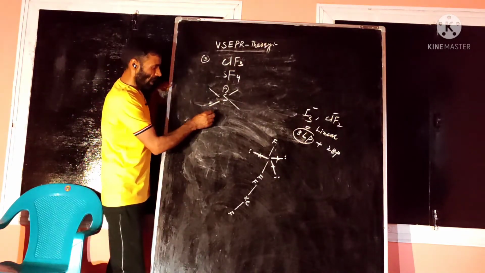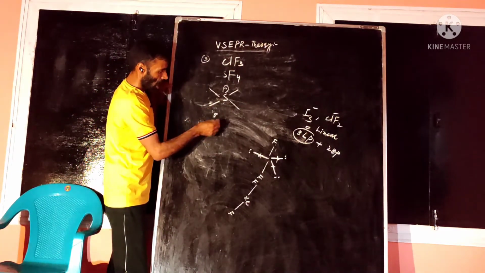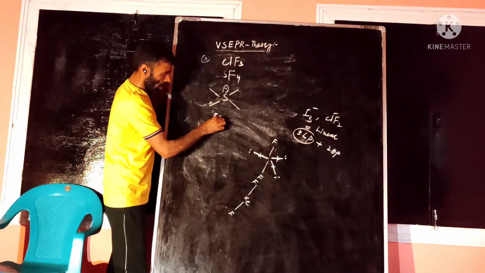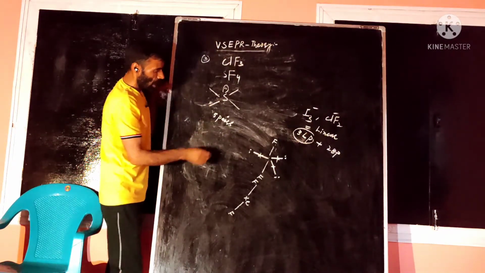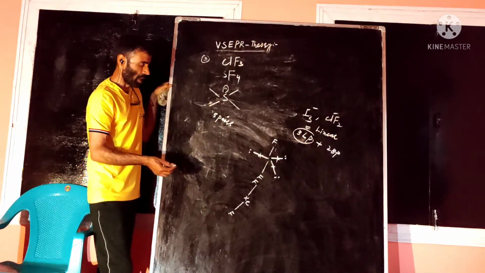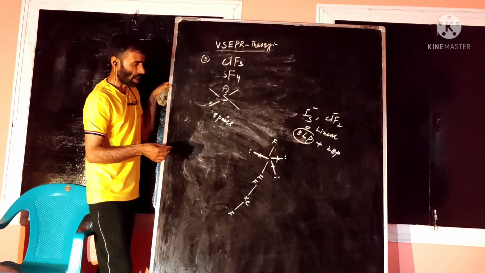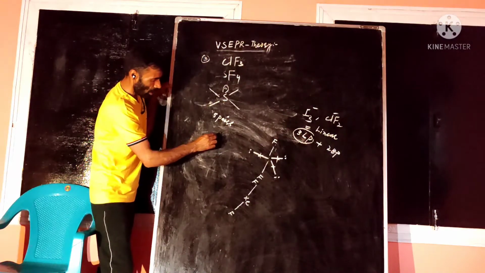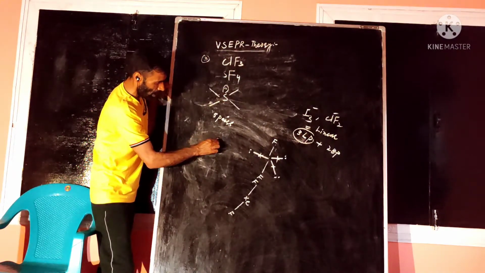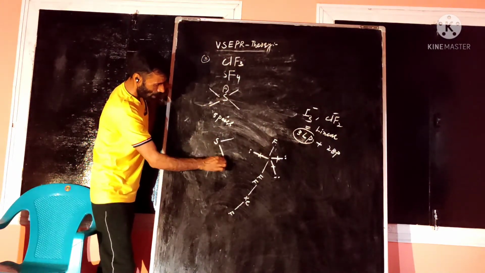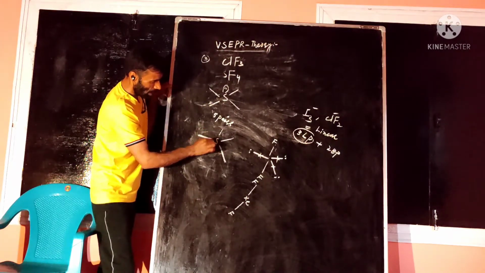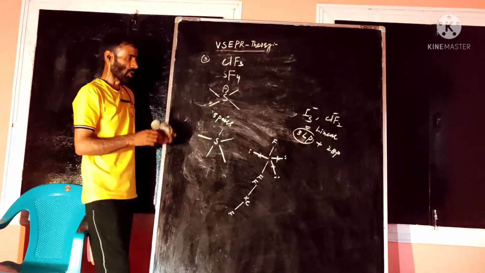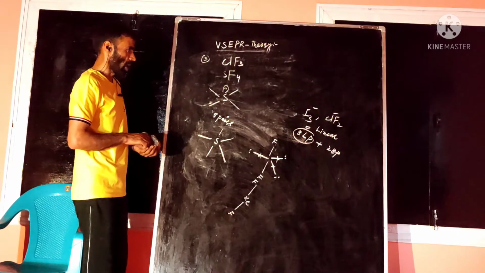These are again 5 pairs. Now these 5 pairs will orient themselves in space in such a fashion that a trigonal bipyramid is formed. Again I will take the sulfur here, and these are the 5 positions in the trigonal bipyramid.